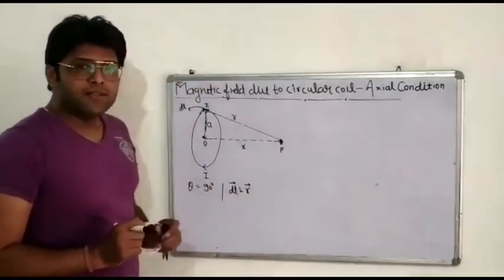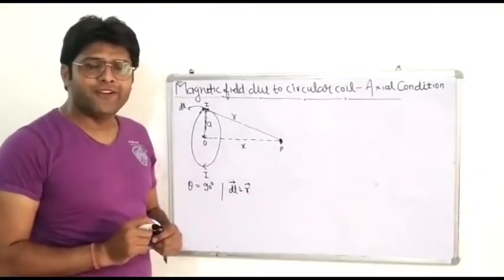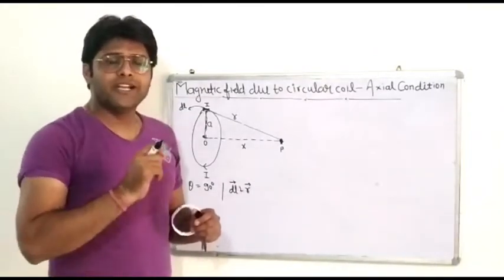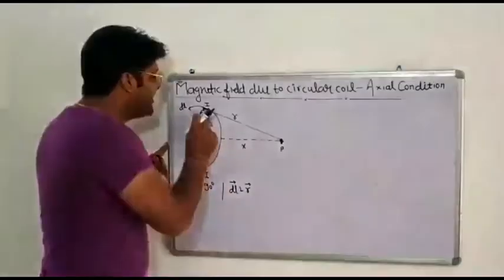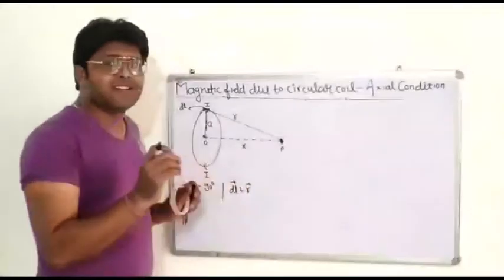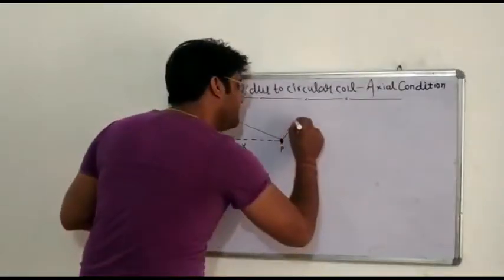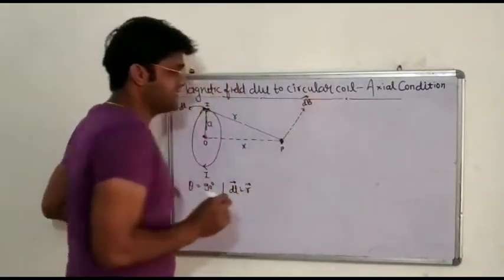Now, dear students, I need the direction of magnetic field at the point. We all know that from the first expression, the direction of magnetic field is perpendicular to the plane in which dl and r lie. So if dl and r lie in the xy plane, the direction of magnetic field will be along the z axis.